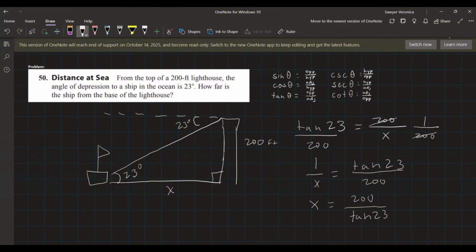And we could just input this. So 200 over tangent 23. This would give us approximately 471.17 units. And this would be in feet because the lighthouse was 200 feet. And this is your answer.